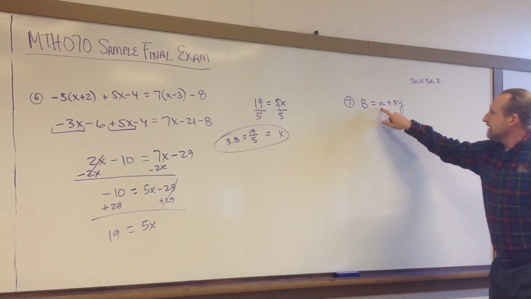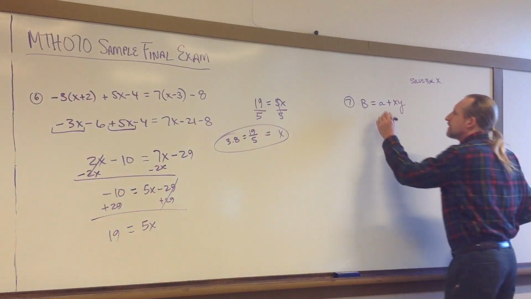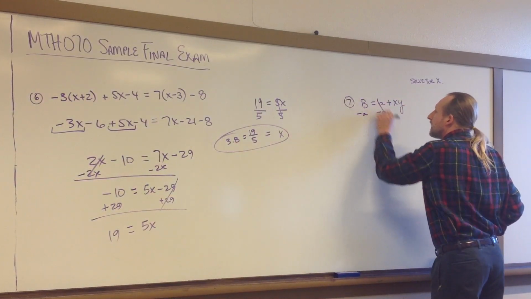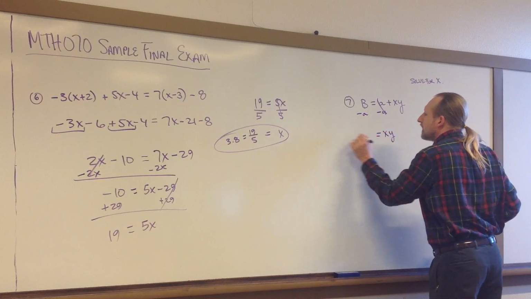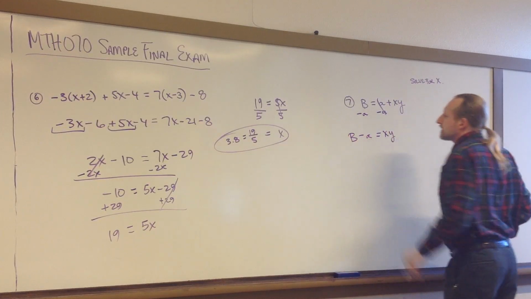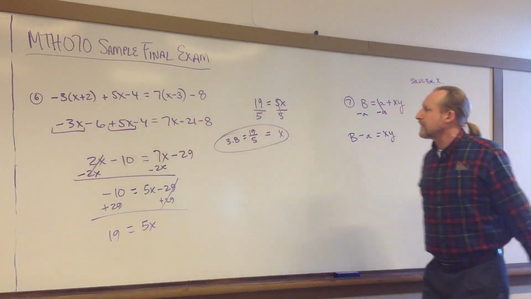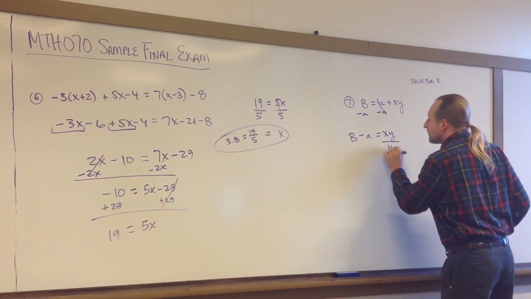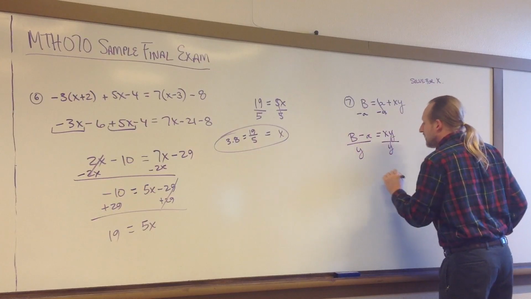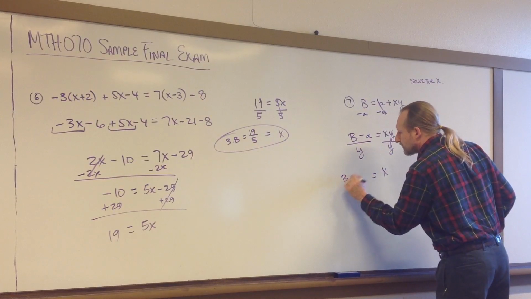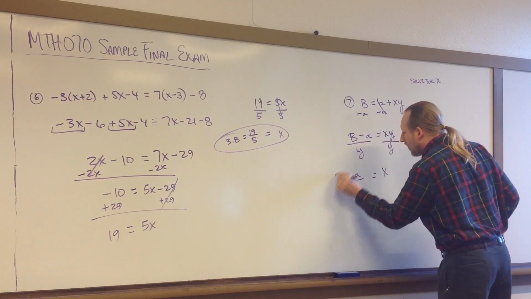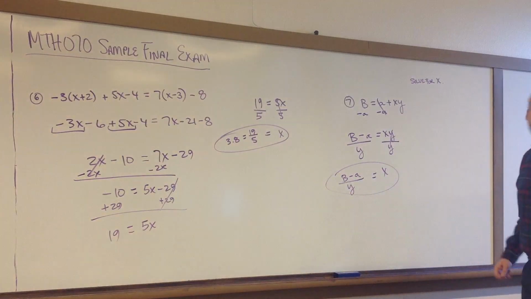So, this doesn't have an x in it, so we want to move it to the other side. Subtract a on both sides. xy equal to b minus a. And now, just the same way that we divided by 5 to get the x by itself, we're going to divide by y to get the x by itself. And x is going to be b minus a over y, and there we go.